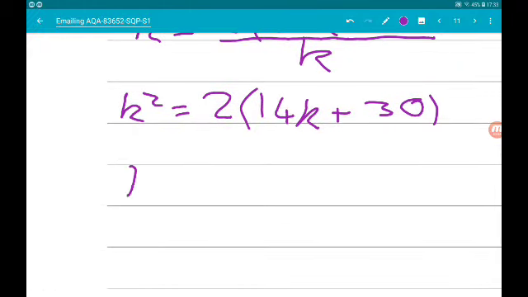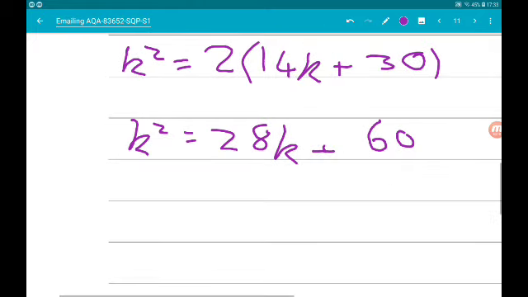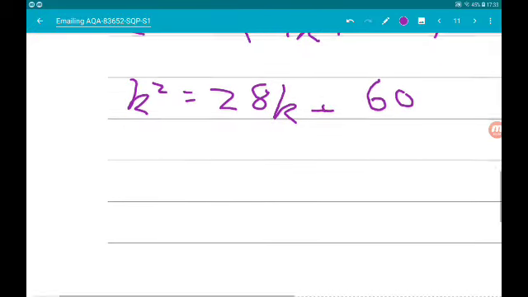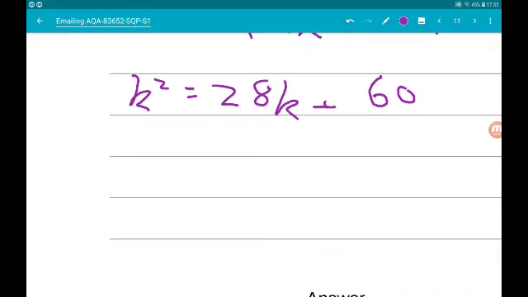k squared is equal to 28k add 60. Now this is quadratic, so we want everything on the same side. So we're going to take away 28k. So we get k squared minus 28k.